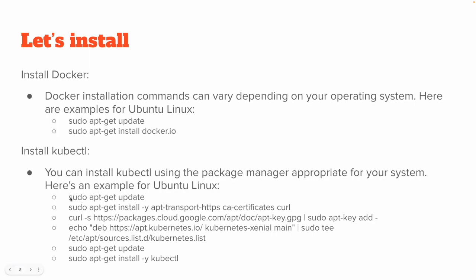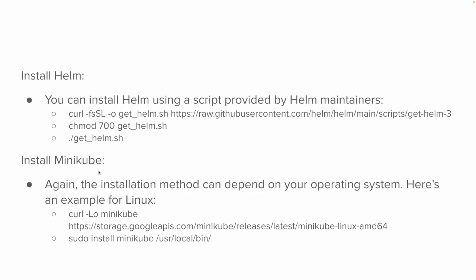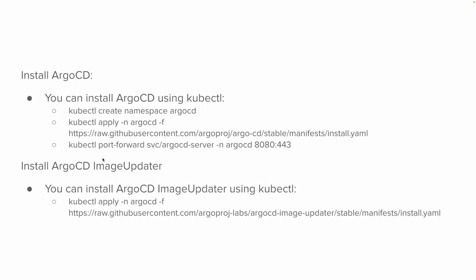Here is the command for downloading Kubernetes or kubectl. Next is Helm. We're going to use the Helm command line to create a Helm chart, or a template, for the deployment that we want. Next is of course Minikube for running, and Argo CD, the main thing that we're going to use to help us deploy our application.